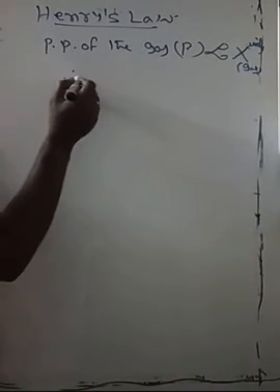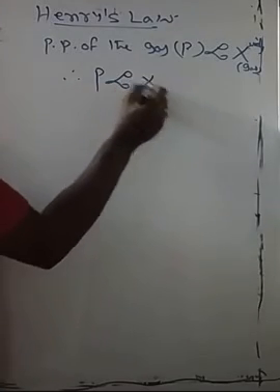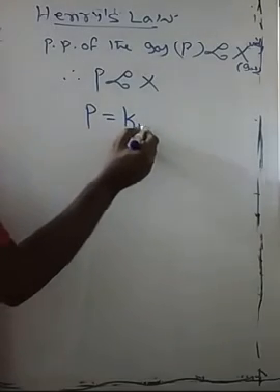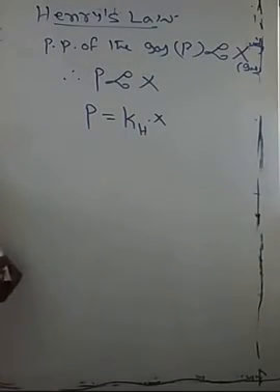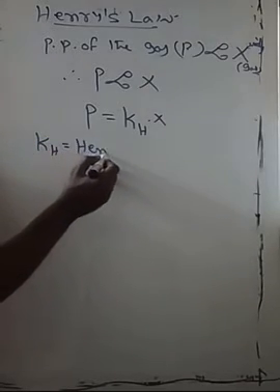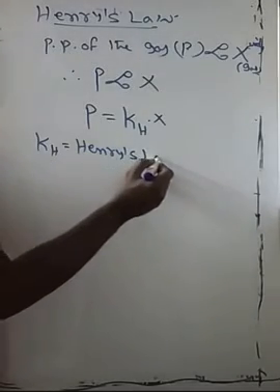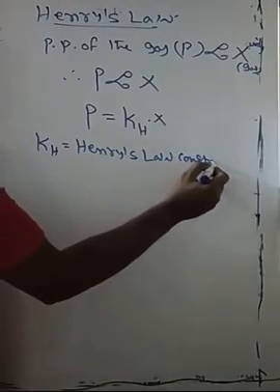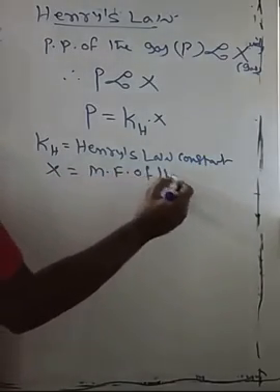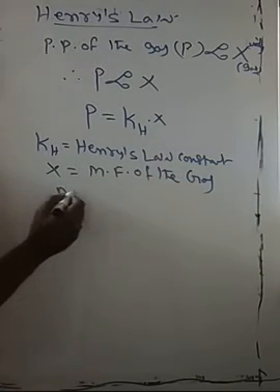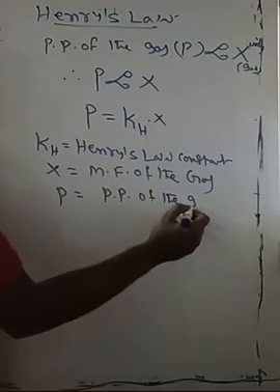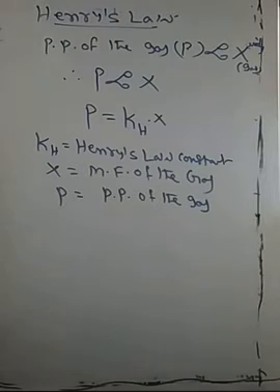So you write P proportional to X. Then you also write P equals KH times X. Here KH is called the Henry's law constant, X is the mole fraction of the gas, and P is the partial pressure of the gas.